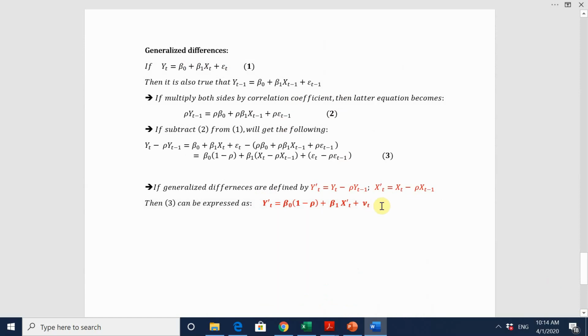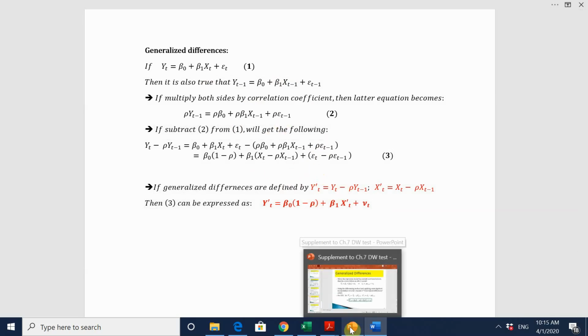This is a proper regression model when we have autocorrelation in our residuals, and the error term is now independently and normally distributed with mean 0 and constant variance. I will post this for you to look at.